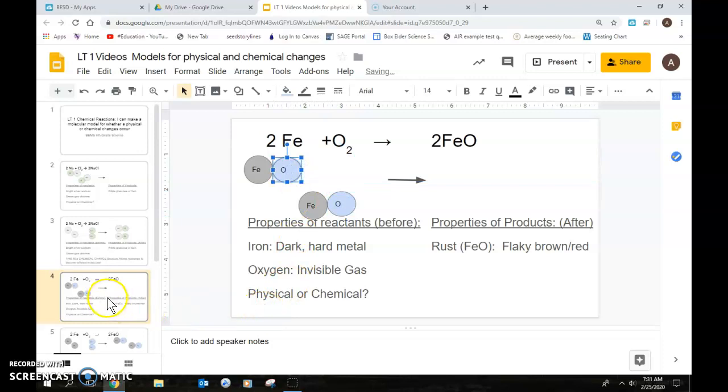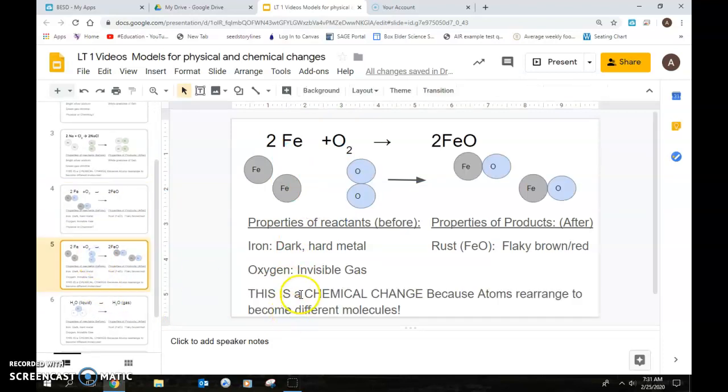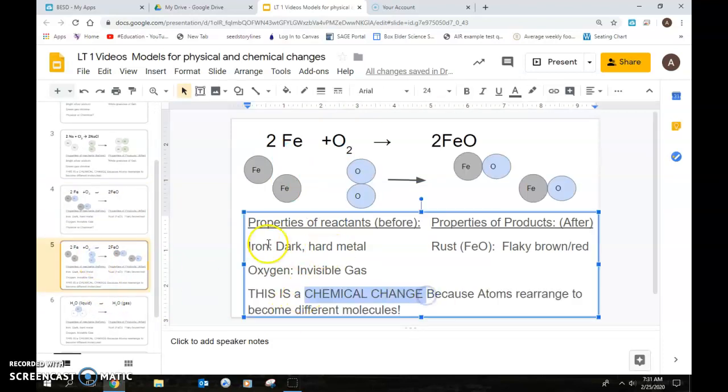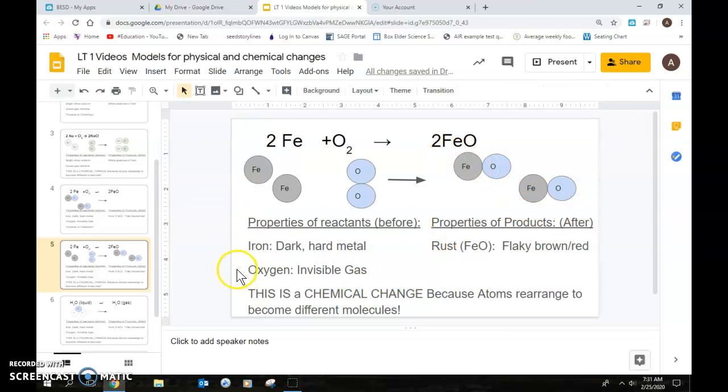So is this physical or chemical? Hopefully you said that this is a chemical change. It has new properties, right? And the atoms rearrange. So 2Fe and 1 molecule of O2 rearranged to become 2FeO, and there's 2 molecules there. So the atoms just rearranged. It's not like you add or gain atoms, they're the same atoms.